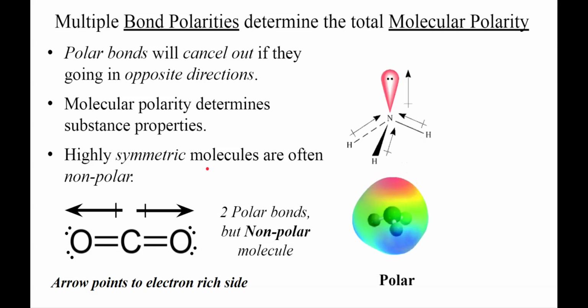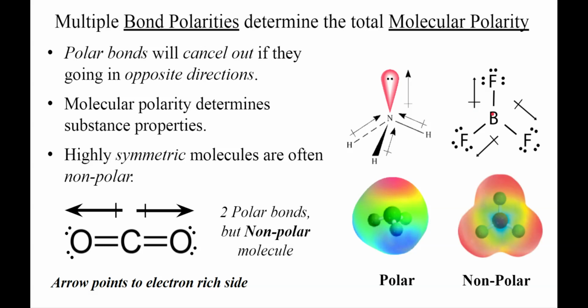Now, in contrast, take a look at ammonia. It's got three polar bonds, but because it's trigonal pyramidal, they're all generally going towards the nitrogen. So nitrogen's kind of hogging all this electron density, making it polar. Whereas boron trifluoride is trigonal planar.